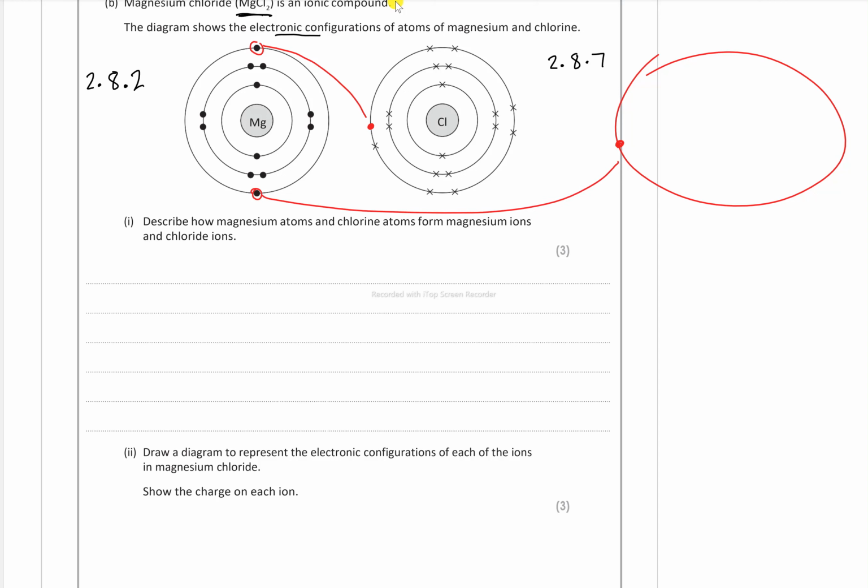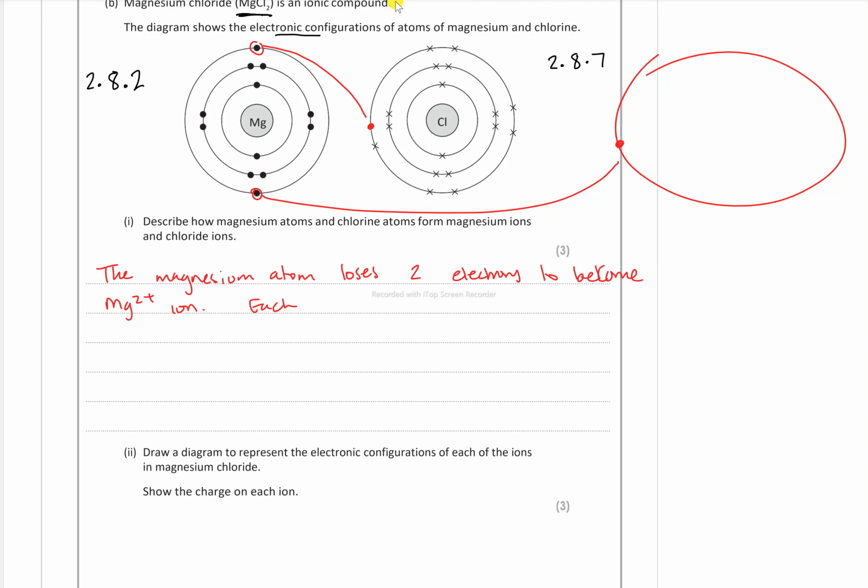So we can say the magnesium atom loses 2 electrons to become Mg2+ ion.